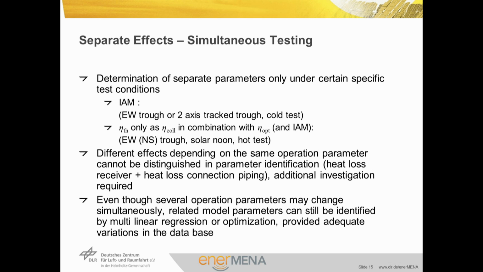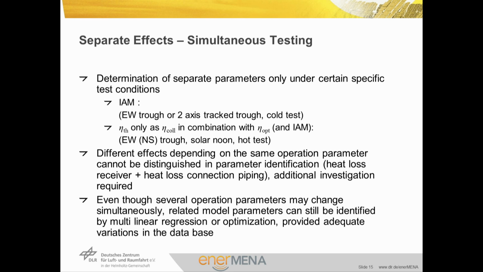In order to determine the incident angle modifier of an installation, it is preferably set up in east-west orientation or two-axis track, so that different angles of incidence occur in the course of a test day. If the system is then tested with relatively cold HTF, the variation of the optical performance during the day is measured and the peak optical efficiency and IAM can be derived.